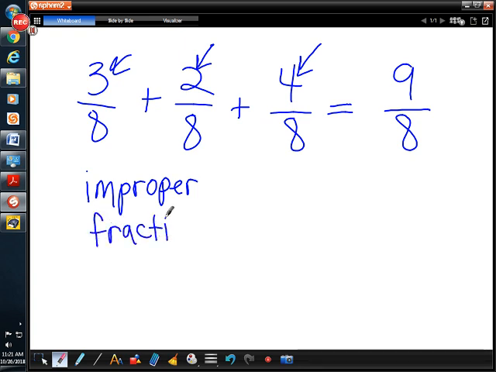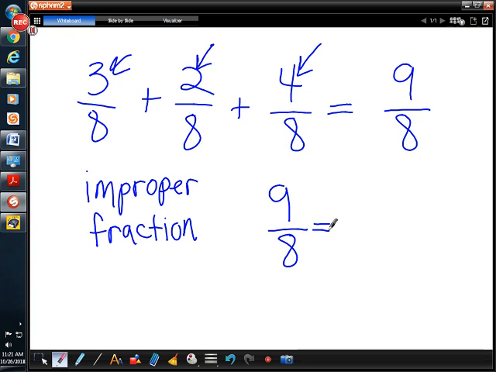Proper means, you know, Timmy, that's the way you're supposed to act, nice and proper. It's the correct way. A fraction is supposed to be where the top number is always less than the bottom number. But sometimes we have an improper fraction like this, so we can't leave it like that. We have to figure out what to do, because this 9 just looks strange since it's bigger than my bottom.